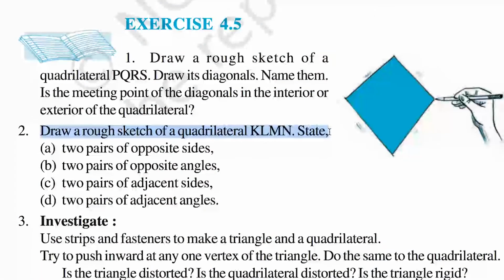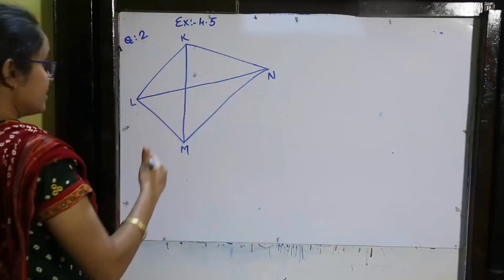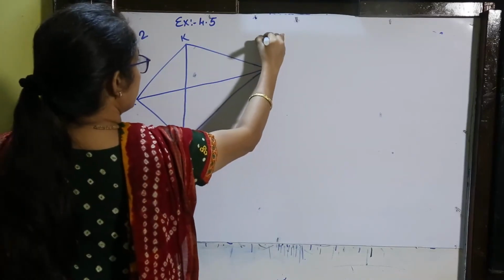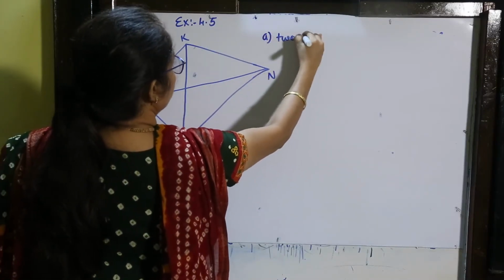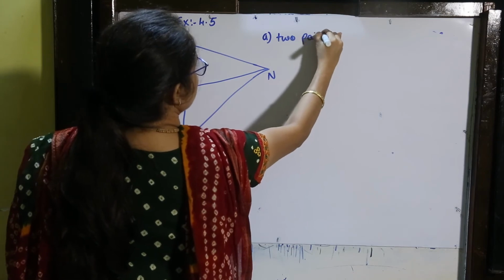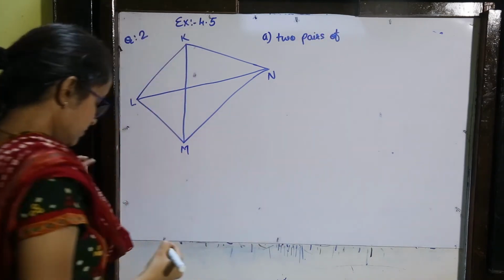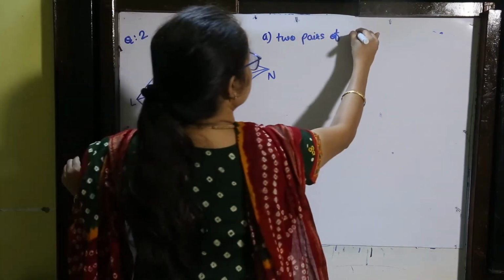Now you have to find the pair of opposite sides, 2 pairs of opposite angles, 2 pairs of adjacent angles and 2 pairs of adjacent sides. So first of all we will write answer A, 2 pairs of opposite sides.